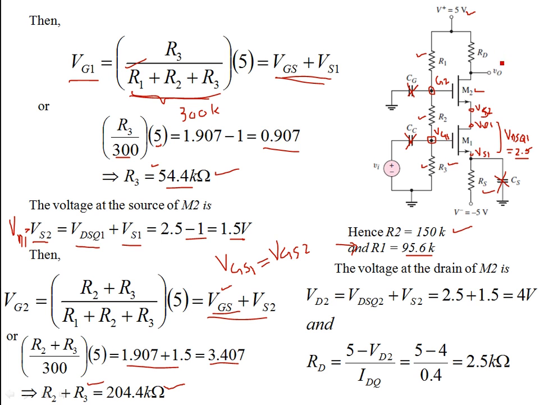The only resistance that remains to be found is RD. To find that, let's find the voltage at the drain of M2, that is VD2. The information that you have is VS2, which was 1.5 volts. VDS is 2.5 volts again. Remember, VDSQ1 is the same as VDSQ2. That was the requirement as such, so these two voltages are equal.